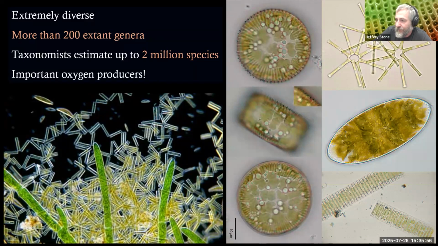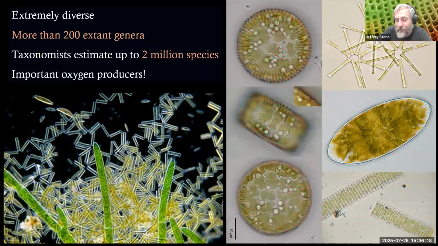And so they're highly productive. Another thing is that they're photosynthetic, and so they are really important oxygen producers. The estimates for how much oxygen diatoms produce are somewhere in the range of 20% to 50% of the oxygen that you breathe.